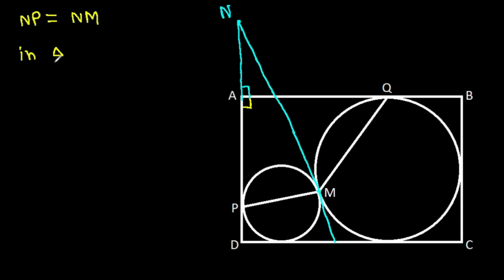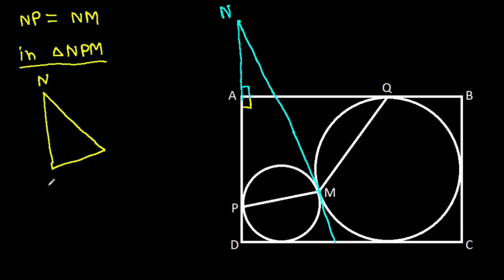So in triangle NPM, we have NP is equal to NM. That means these two angles, they will be equal.